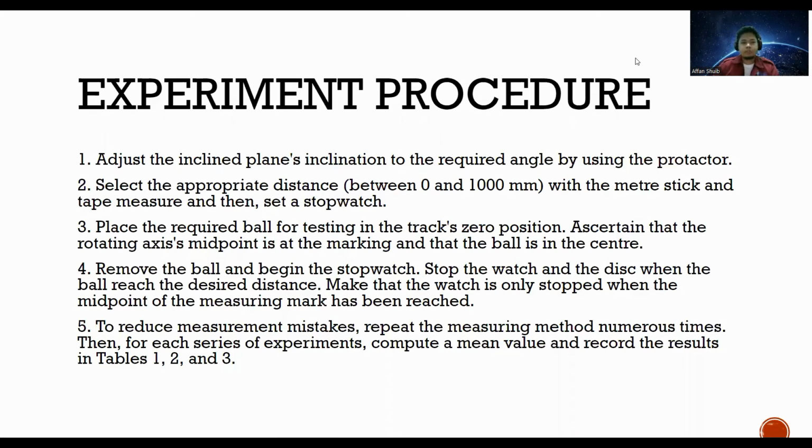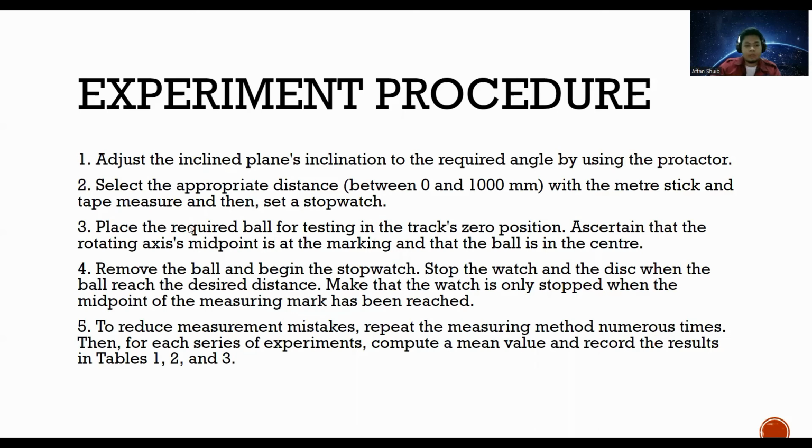The first step is to adjust the inclined plane to the required angle using the protractor, either 1 degree to 7 degrees. The second is to select the appropriate distance between 0 meters and 1000 millimeters, which is 1 meter, with the meter stick and measuring tape, and set the stopwatch.